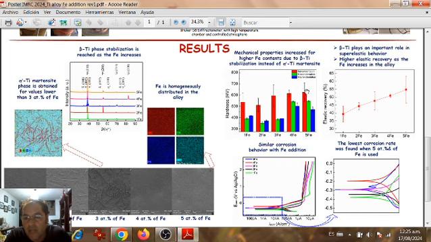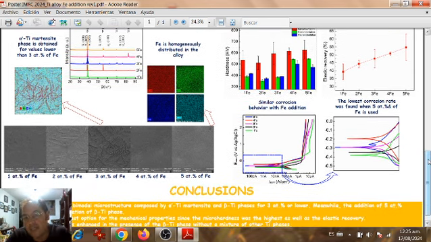We also notice that the elastic recovery increases as more iron is added. The largest elastic recovery is obtained for 5% of iron. This is really related to the beta stabilization, so we can say that the mechanical properties are better when we have only beta T phase.